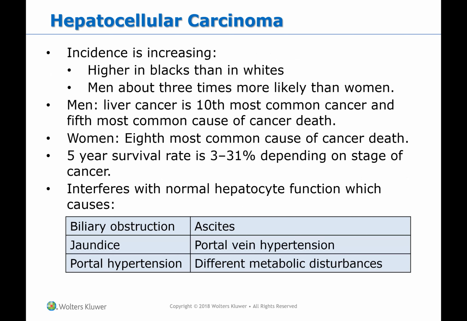It's higher in African Americans and Caucasians. Men are about 3 times more likely than women to have hepatocellular carcinoma. So the men finally have something that they are more common in. It looks like the benign lesions are in women, and the man has malignant. Liver cancer is the 10th most common cancer and 5th most common cause of cancer death.